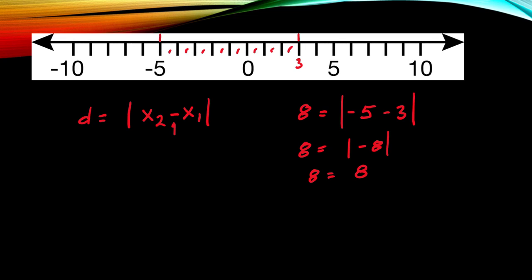Now something really interesting happens if I choose 3 and -5 in a different order. I know the distance is 8. And let's say that I choose 3 first and then minus a -5. I mean, this is a subtraction. This is 3 subtract -5. I can rewrite 8 as 3 plus 5.